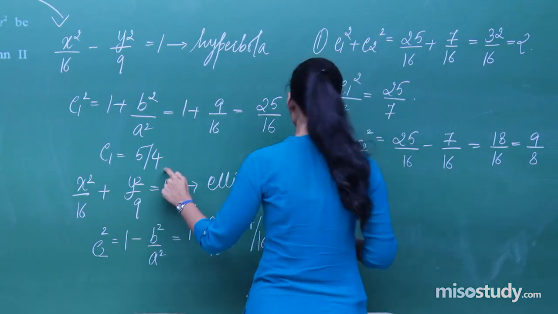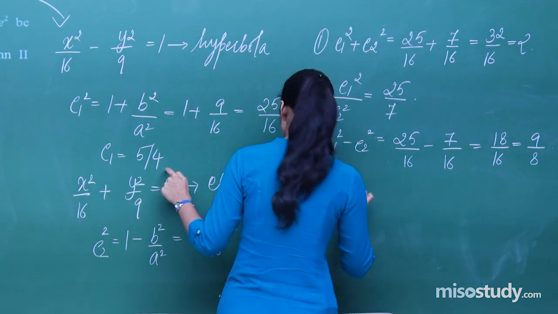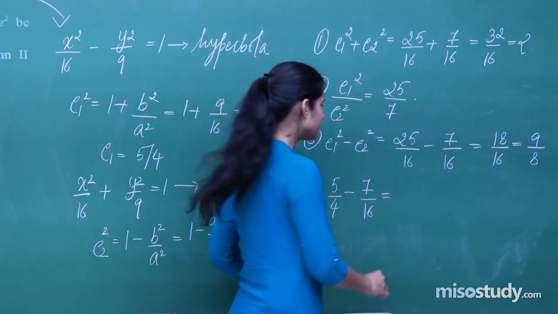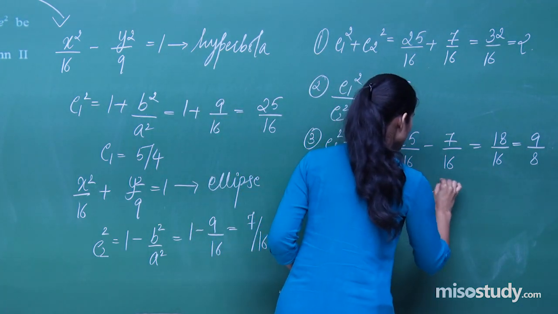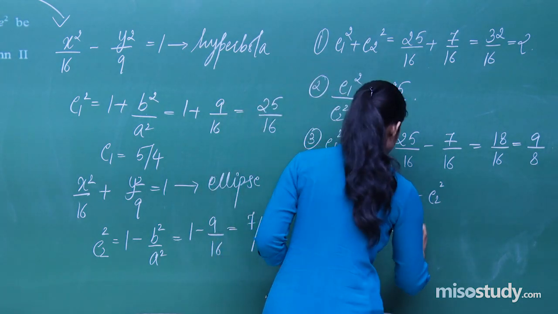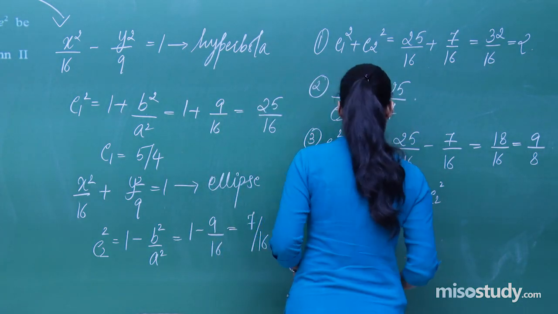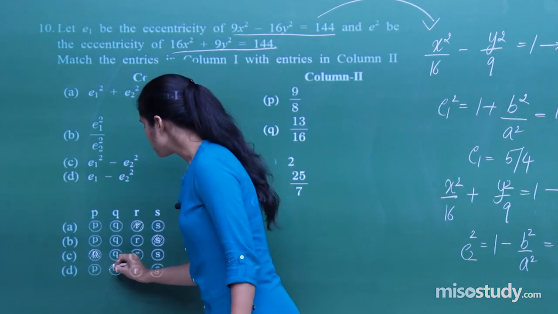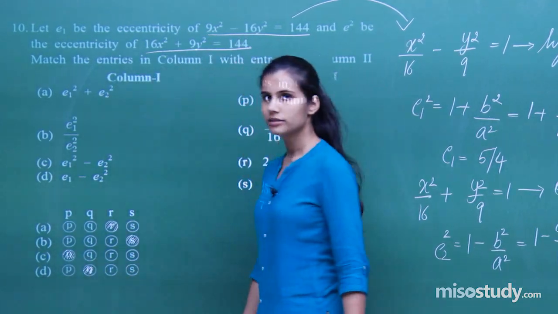E1 is 5 by 4 minus 7 by 16. What is this? 20 minus 7, that is 13 by 16, that is Q. So D gets mapped to Q.